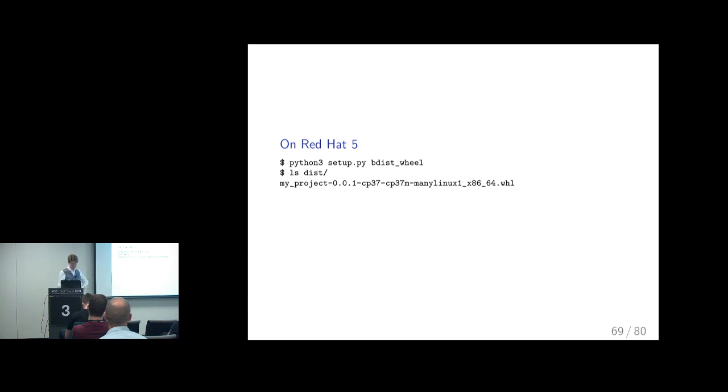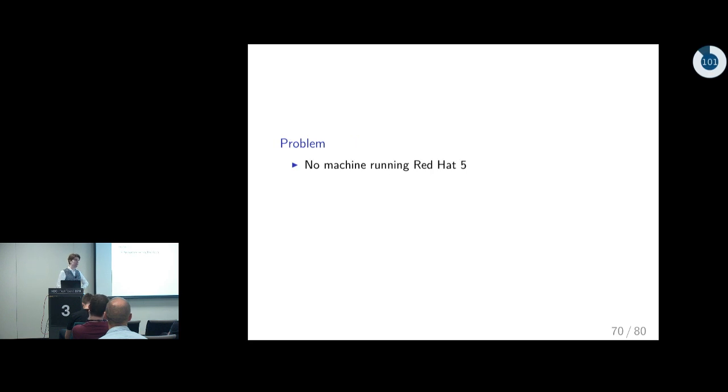But I don't have a Red Hat machine with Red Hat 5. And I don't have a Windows machine. And I don't want a Red Hat machine running just to be able to build and distribute my library.